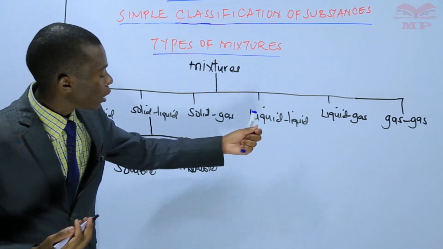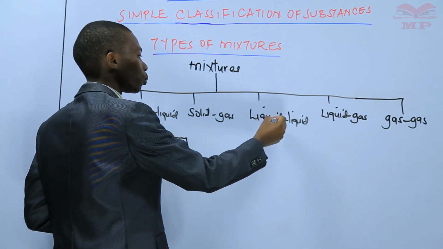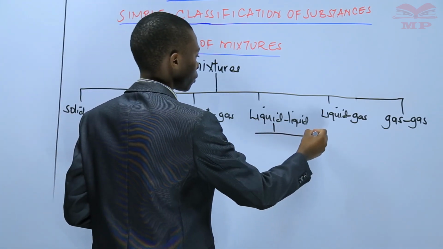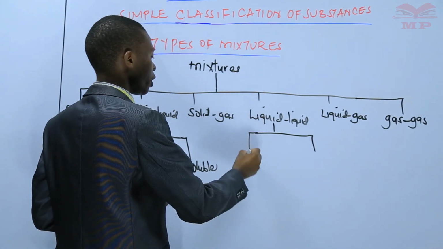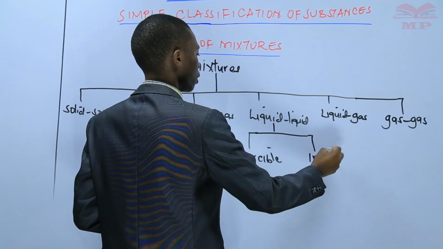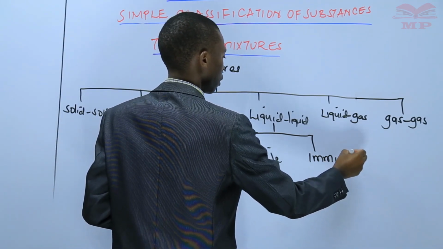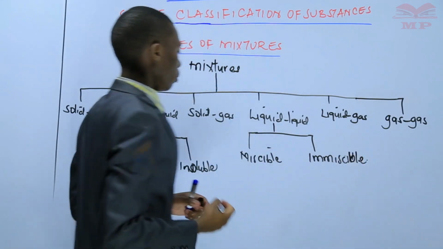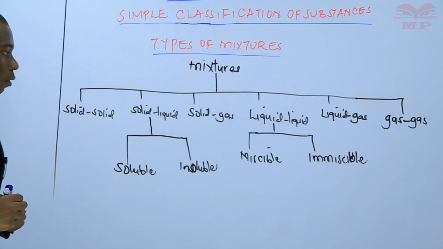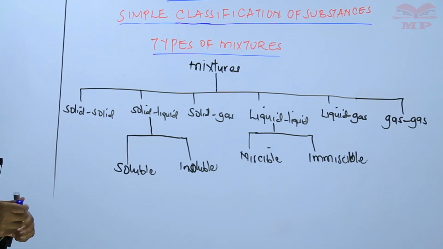In a mixture of liquids, again, this one can be divided further into miscible and immiscible. I want us to start with the solid mixture and give examples of the solid mixtures.